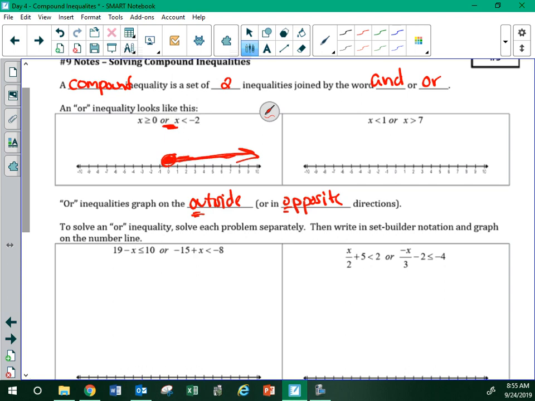So now let's go and graph x is less than negative 2. So I get negative 2. Is this an open or closed circle? Open, so I'm going to put an open circle at negative 2. And it's pointing to the left, so I point to the left. We can see they go in opposite directions, right? They go away from each other.